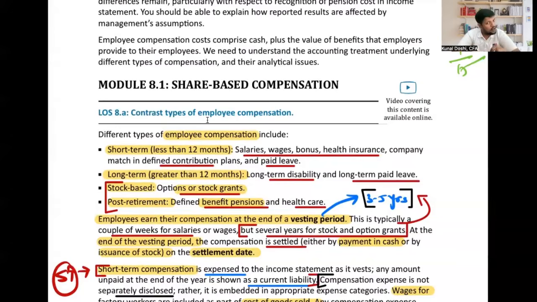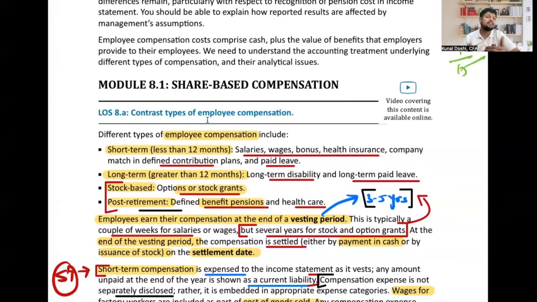But the more important focus here will be stock-based compensation, number one. And the second is post-retirement benefits, that is DB and DC plans. So stock-based compensation and post-retirement are the crucial long-term compensation paid by the employer, and that is what we are going to discuss. First, we need to understand that these compensations are not given immediately.